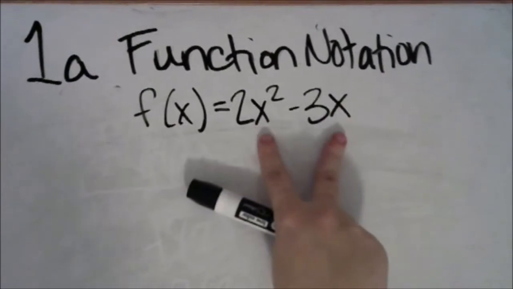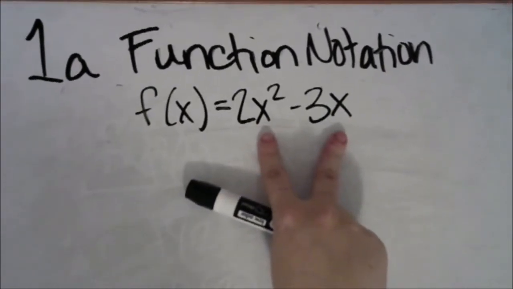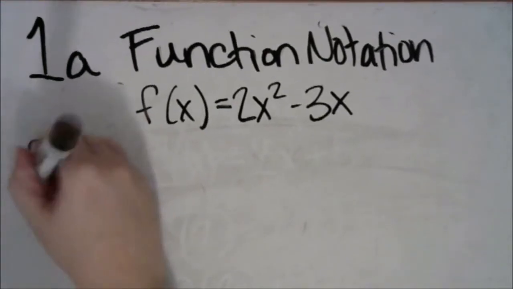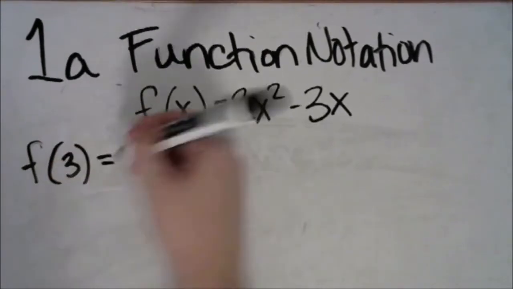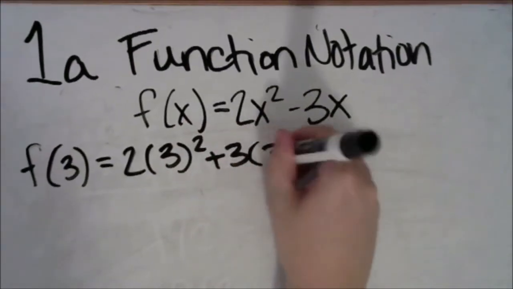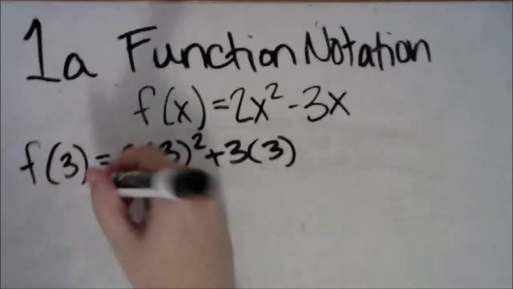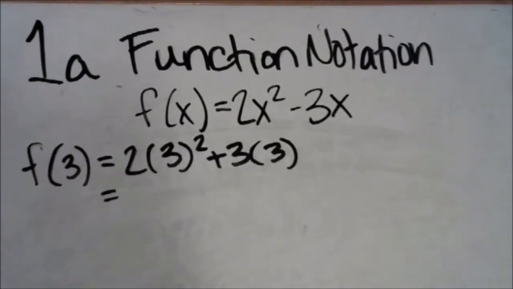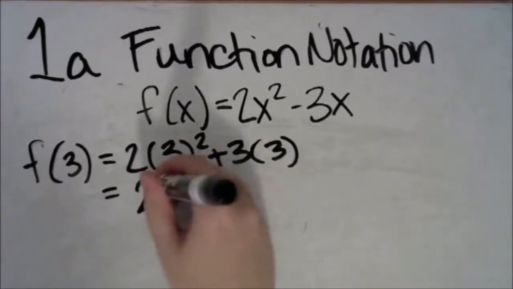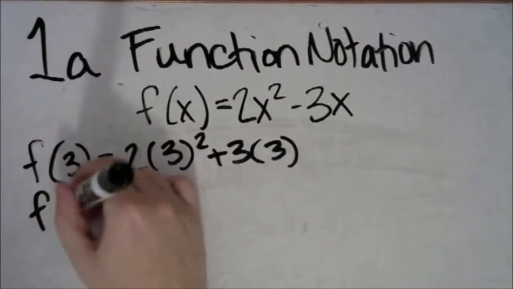This function has two input values. Both inputs will need to be replaced anytime we attempt to evaluate. So a, f of 3 equals 2 times 3 squared minus 3 times 3. Feel free to use your calculator to evaluate any order of operations expressions. In this example, we have a result of 27.